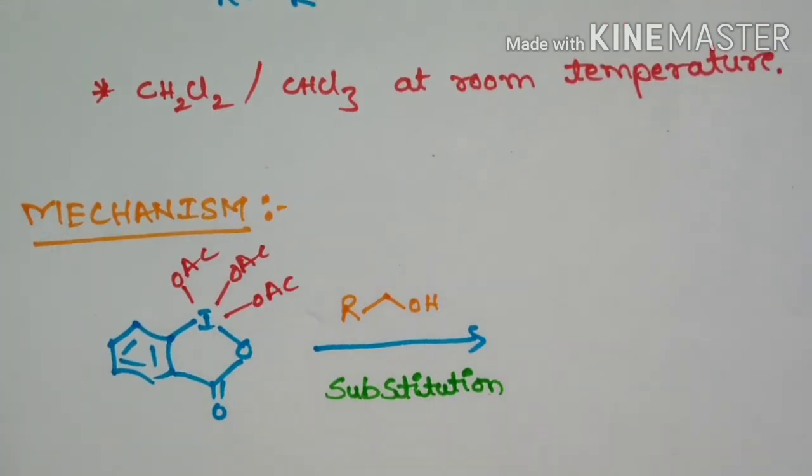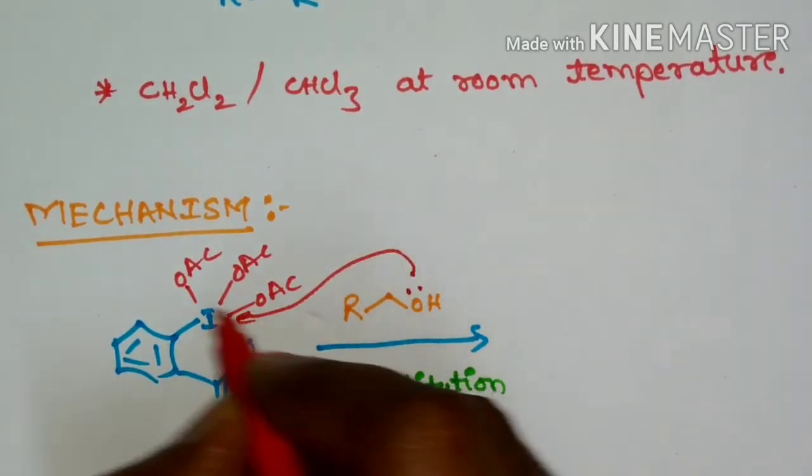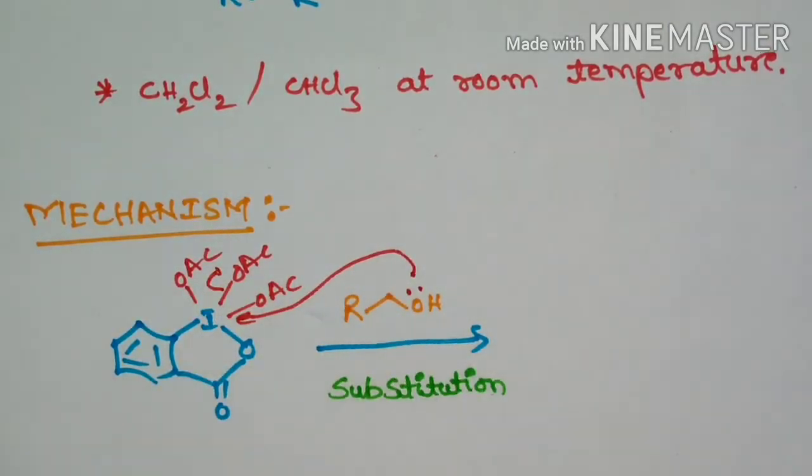The lone pair will attack this iodine, and simultaneously there will be loss of acetate ion. So you can call it a simple SN2 type of mechanism.